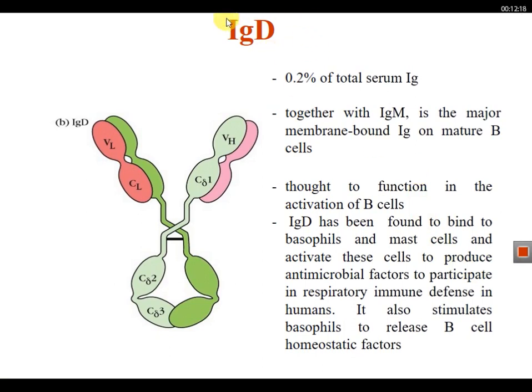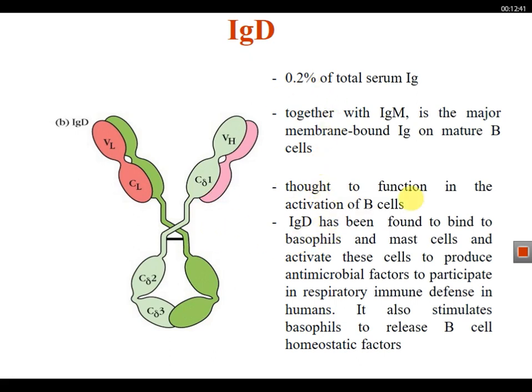The antibody IgD is found in about 2% concentration of total serum Ig, and together with IgM, it is a major membrane bound Ig on the mature B cells, and it is thought to function in the activation of B cells.